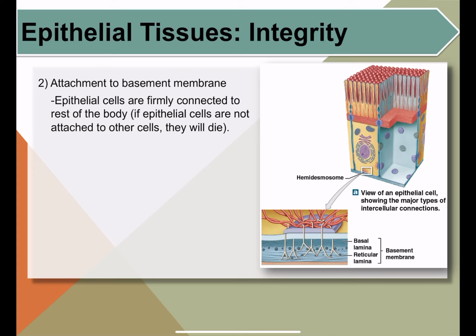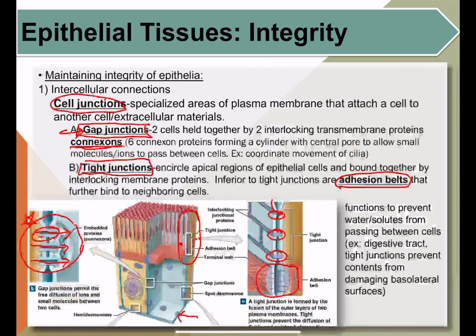Okay, so again, if we want to review, gap junctions are what allow ions and chemicals to go through. Tight junctions are what keep fluids from leaking out of tissues and organs, using those staples and the adhesion belt to keep fluids contained.